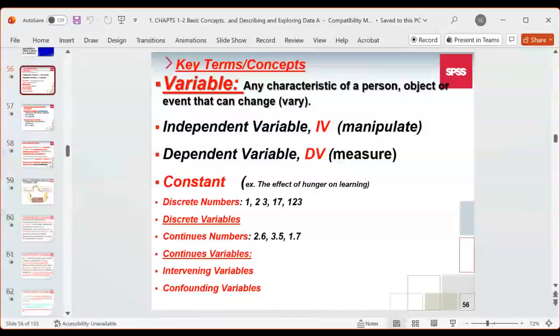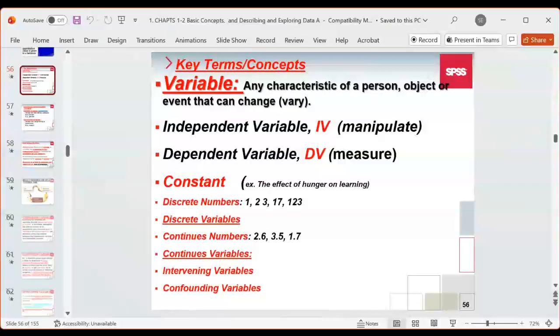Very quick example I give you. If I tell you that we are conducting research regarding the effect of hunger on learning, so this is experimental. We have two groups, and our variables are hunger and learning.